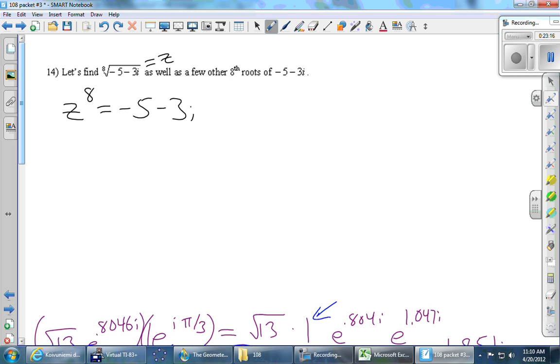When you're solving a polynomial equation, like if you solve x squared minus x minus 12 equals 0, how many solutions will you get? You're going to get 2. You've solved that equation a million times. If I make this x cubed minus x minus 12, how many solutions? That has 3 solutions.